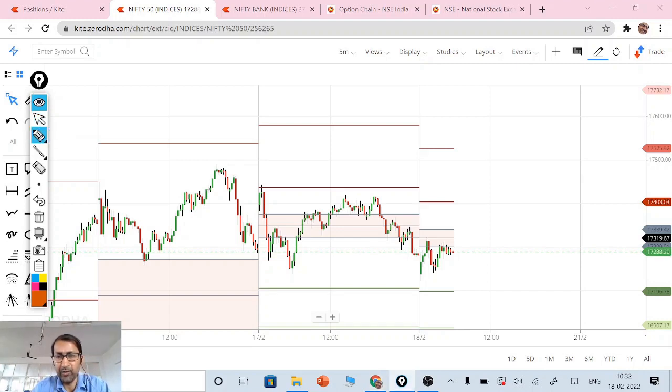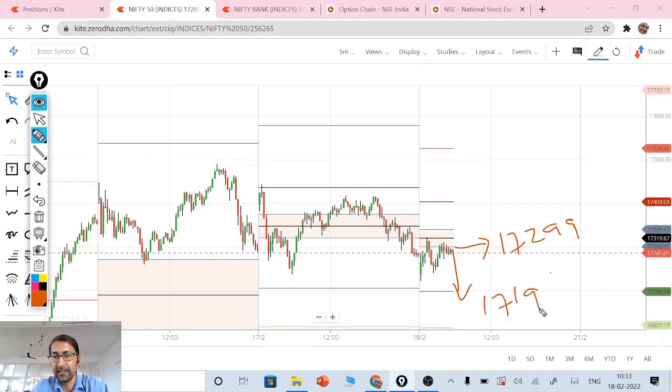It is hovering just below the lower central pivot range. Lower central pivot range is 17,199. As long as 17,300 is not taken off, you can sell Nifty for a target of 17,196. Today most probably we should touch 17,196 during the trading day.